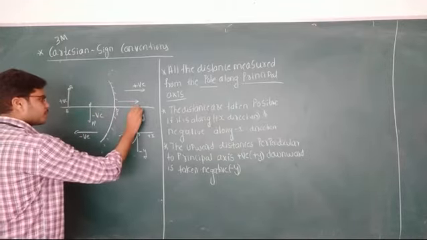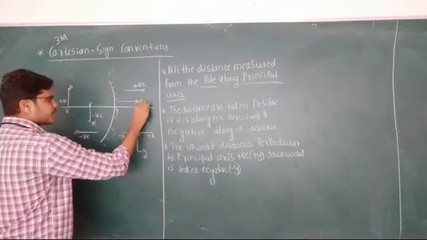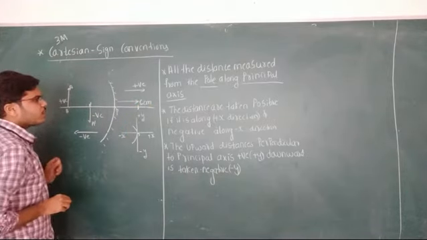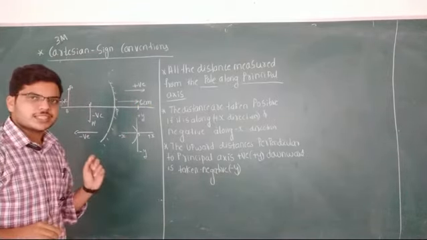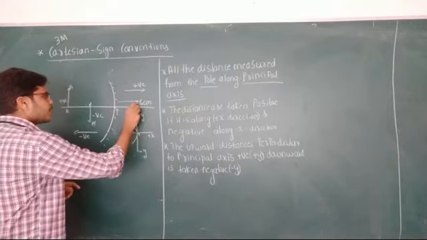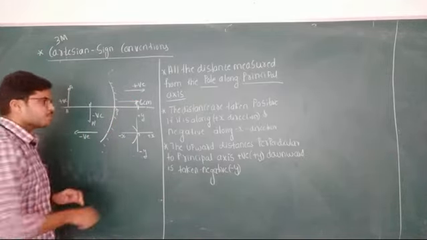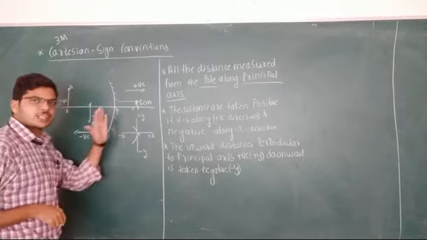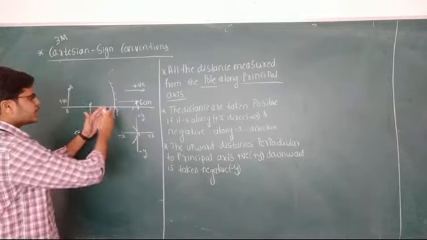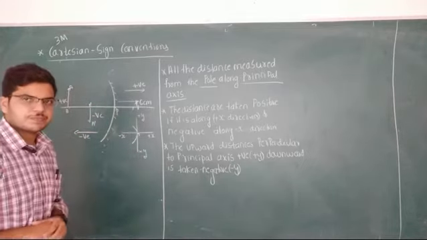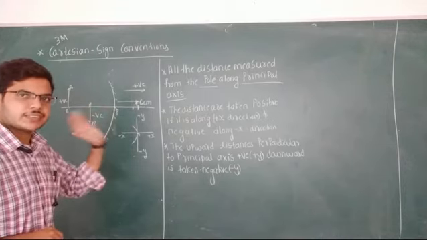For example, 6 cm. By using the Cartesian sign convention, we take it as plus 6 cm, plus 5 cm, plus 4 cm, because it is along the plus x direction. It is the right side of the pole.